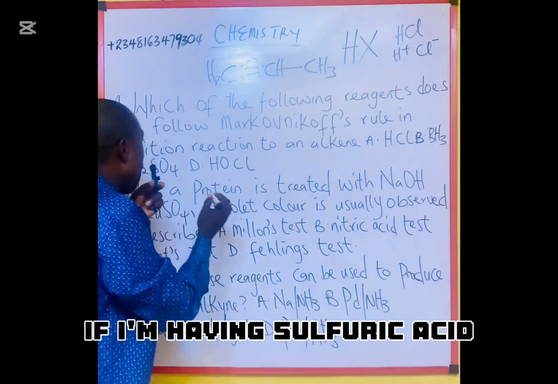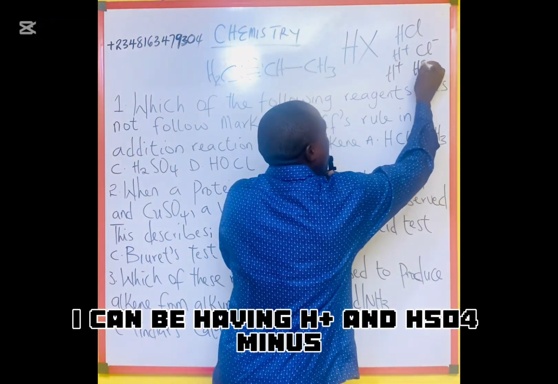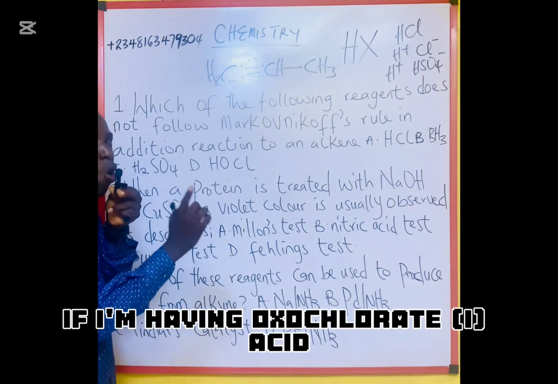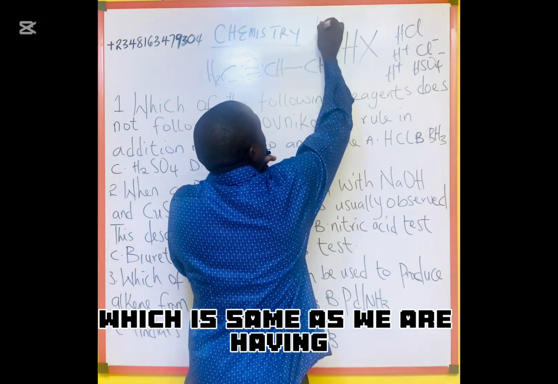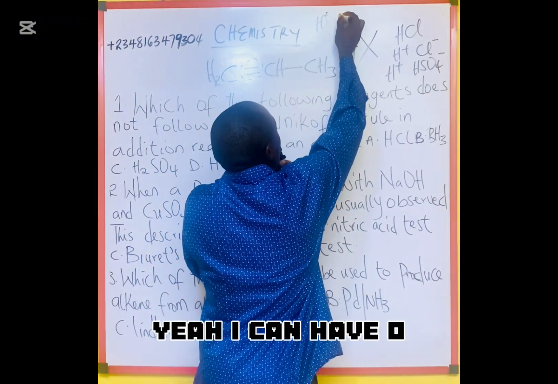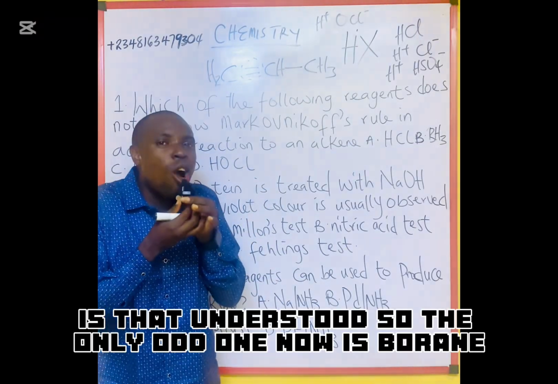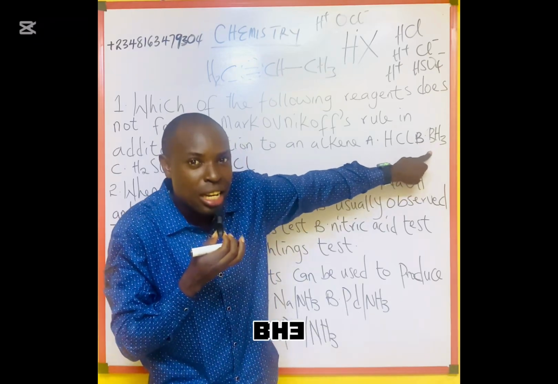If I'm having sulfuric acid, I can be having H plus and HSO4 minus. If I'm having also chloric(I) acid, which is HOCl, I can have H plus and OCl minus. Is that so? The only odd one now is borane, BH3.